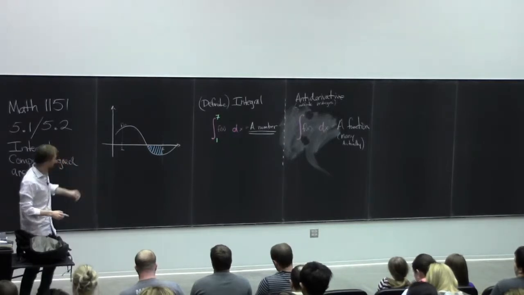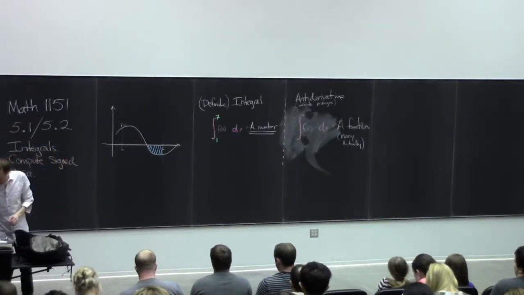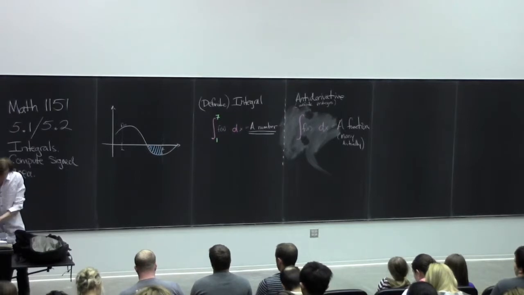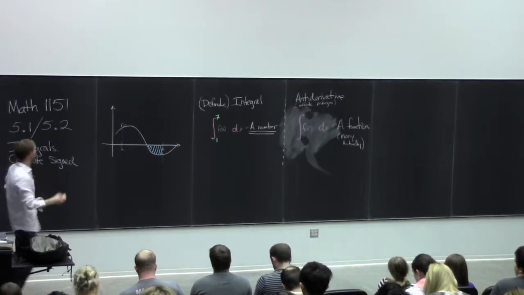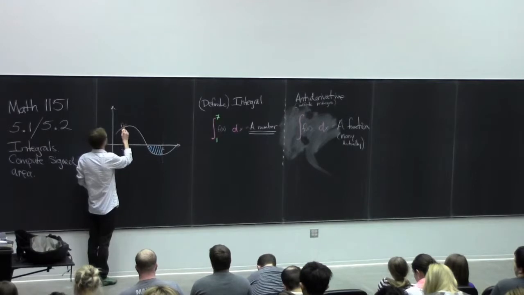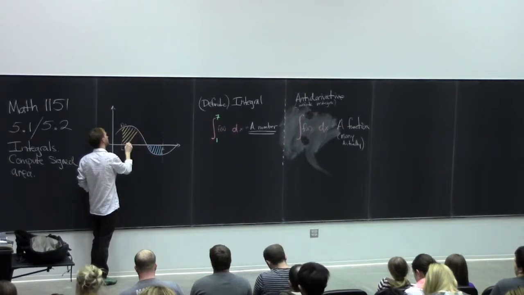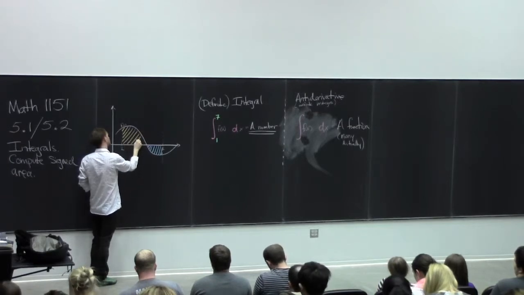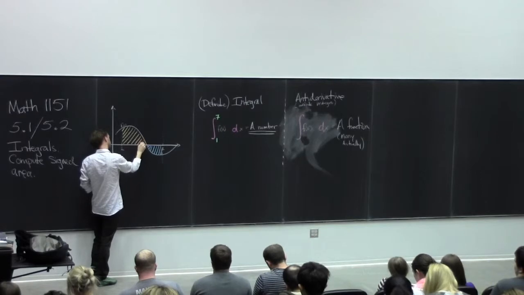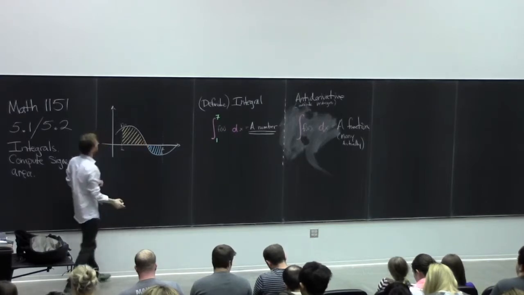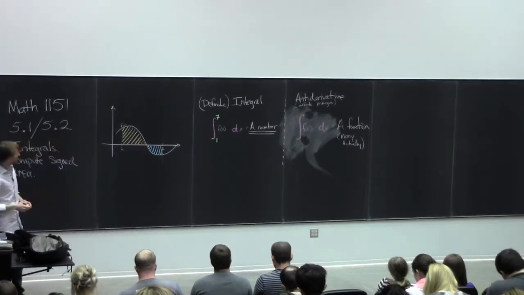So this is the blue area, and then we need a happy color like sunshine, maybe. Okay, here we go. And this is the area. There's the happy area, right?